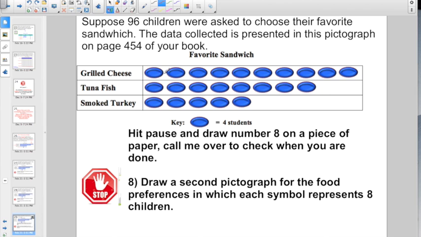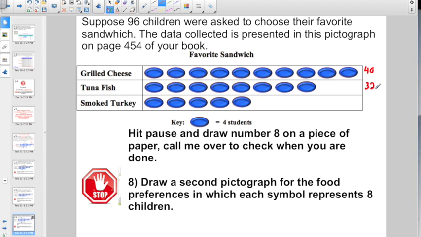We got done saying that there are 10 of these icons for grilled cheese. And we said that 10 times 4, we knew that was 40, right? Over here, we know that there's 8 of these icons. And 8 times 4, well, that's 32.